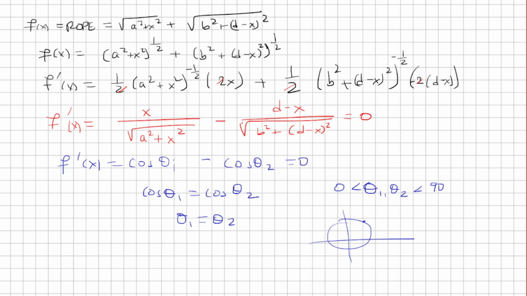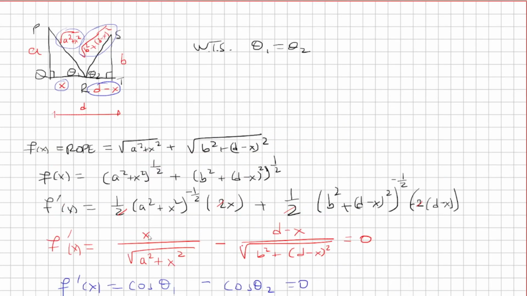Now, how do we show that this is a minimum? This is a little bit of hand waving. You kind of have to use common sense here a little bit to find the critical point. Well, what happens when these two angles are the same? What happens to this distance? Well, it's pretty obvious, hopefully, that these two triangles are similar, and that this point R is the midpoint of QT.